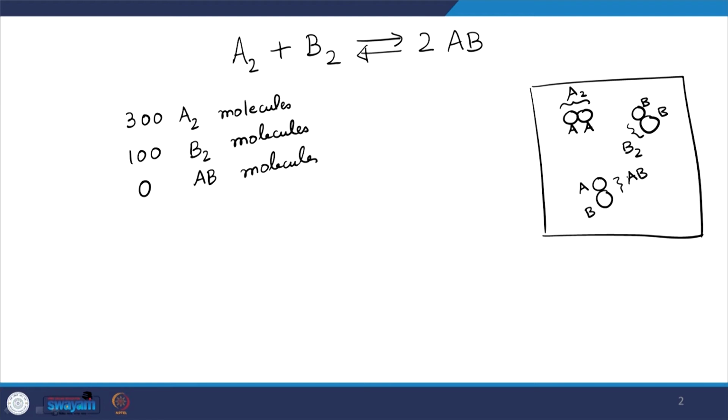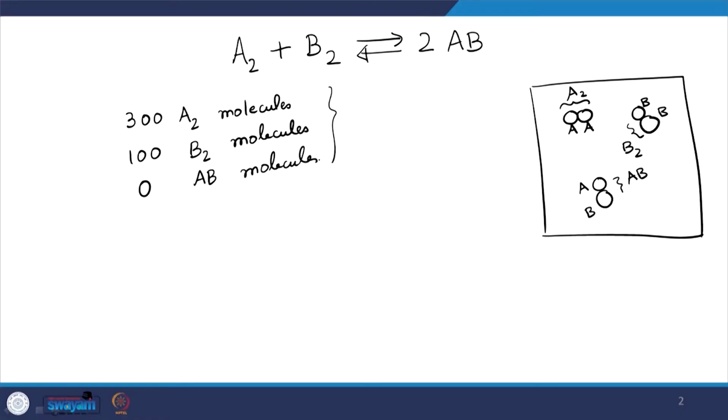Now, let us break down this problem to atoms. How many atoms do we have in the system? We have 300 A2 molecules, they give rise to 600 A atoms. We have 100 B2 molecules, so they give rise to 200 B atoms, and AB is also formed by A and B, but in any case we have 0 AB molecules.